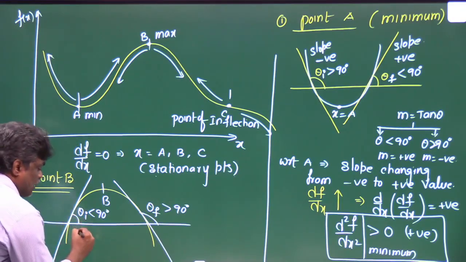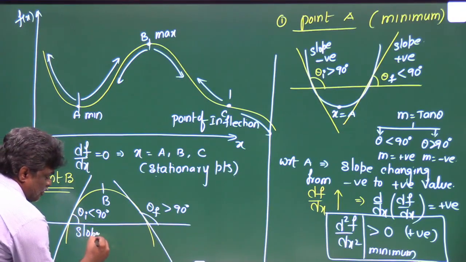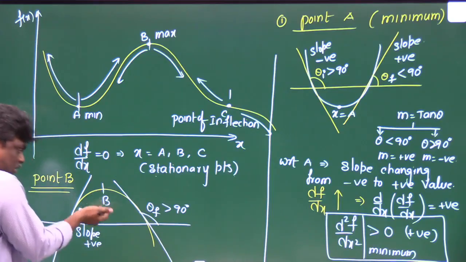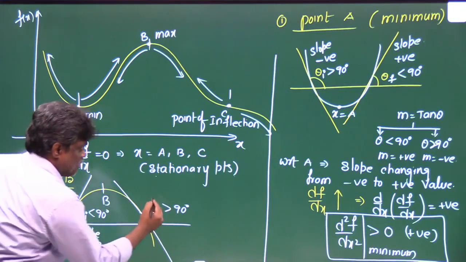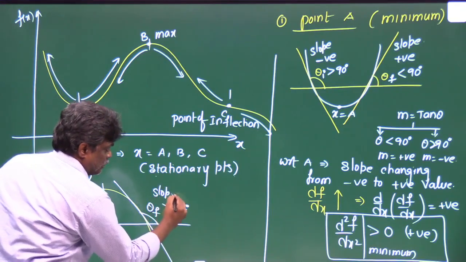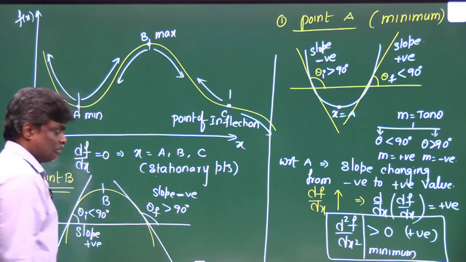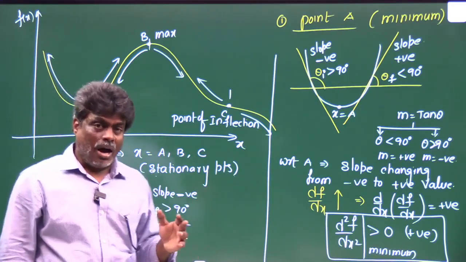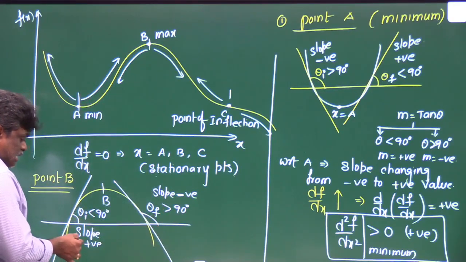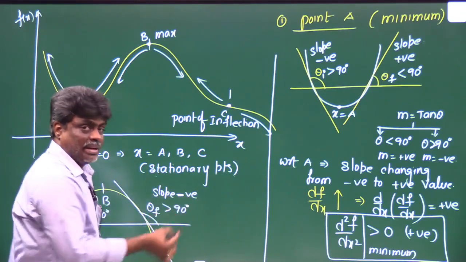So initially your slope is positive on this side of B, and on this side of B your slope becomes negative. So with respect to B, how is the slope changing? It is changing from a positive value to a negative value.